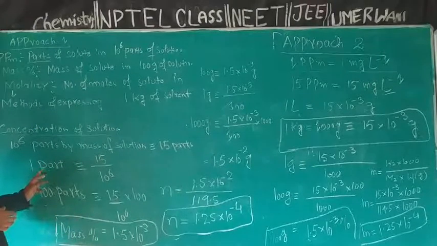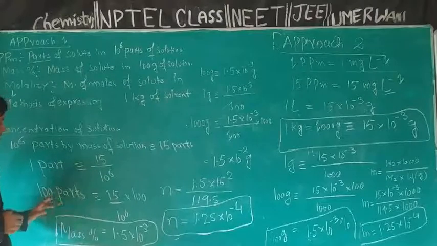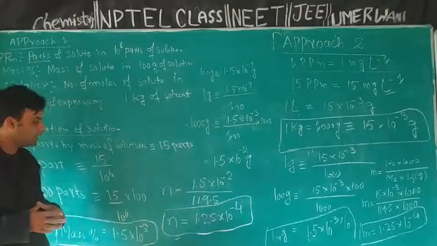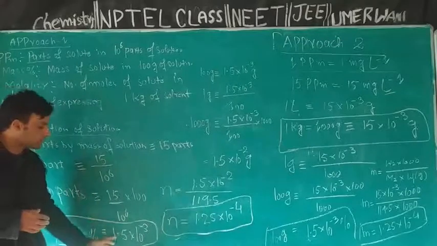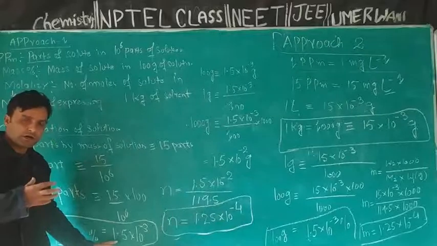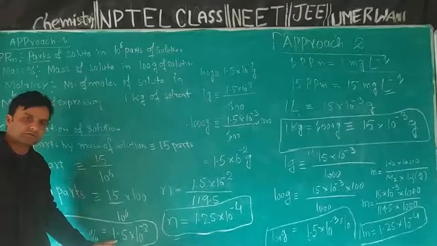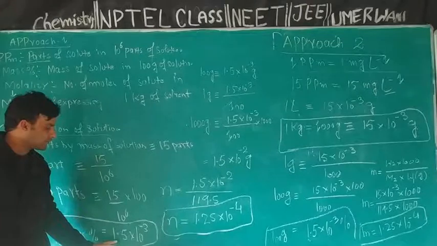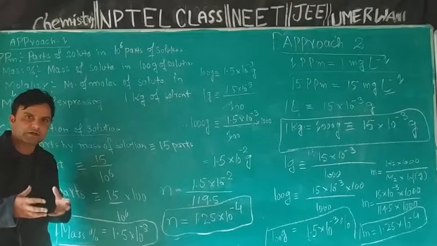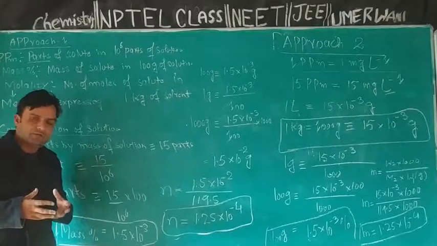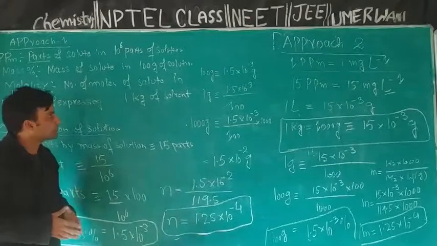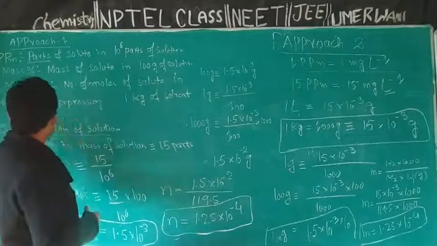I calculated 1 gram will contain this much and 100 grams will contain 1.5 into 10⁻³ grams of chloroform. Therefore, mass percentage of chloroform in this contaminated drinking water is 1.5 into 10⁻³. That is 100 grams of sample of drinking water contains 1.5 into 10⁻³ grams of chloroform.